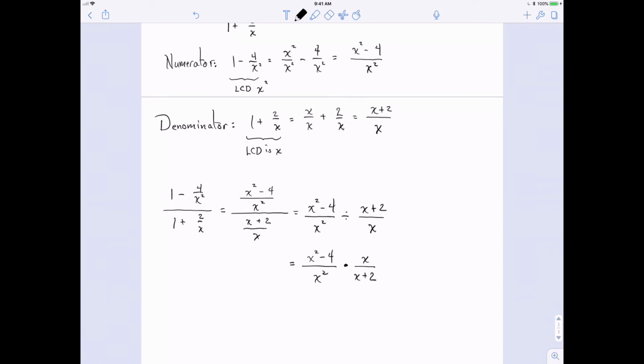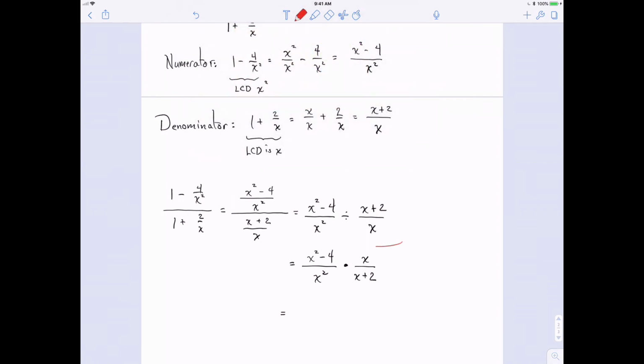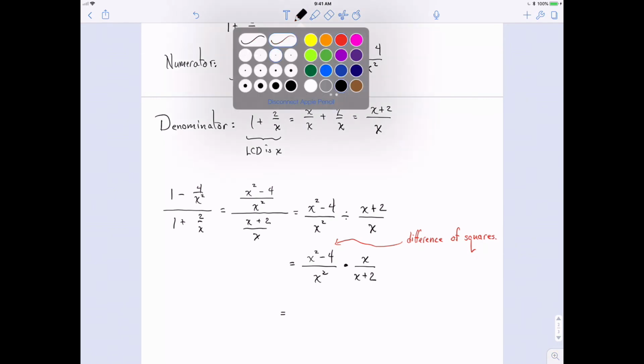Now, before you start multiplying, let's see if we can simplify anything. A couple things to note. Right off the bat, remember x squared minus 4 is a difference of squares. So that means we can factor it using that pattern.